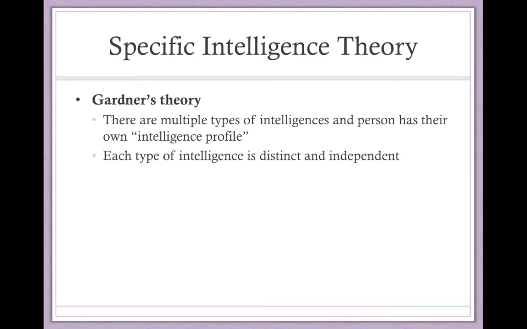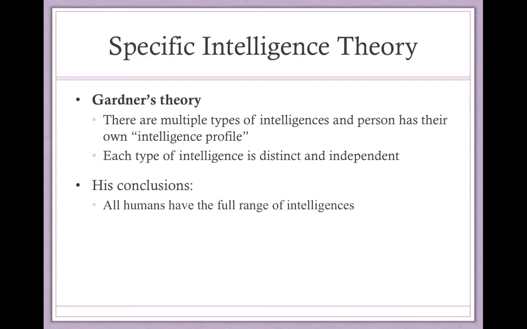And each type of intelligence is distinct and independent. Just because you're good at one does not mean you're good at the other, and one is not related to the other at all.